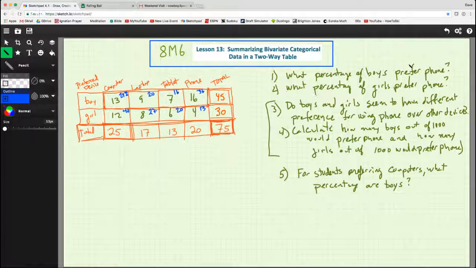So we already answered these questions, and this was 36%, and this was 13%. We did question number 3. Do boys and girls seem to have different preferences? And the answer was yes.